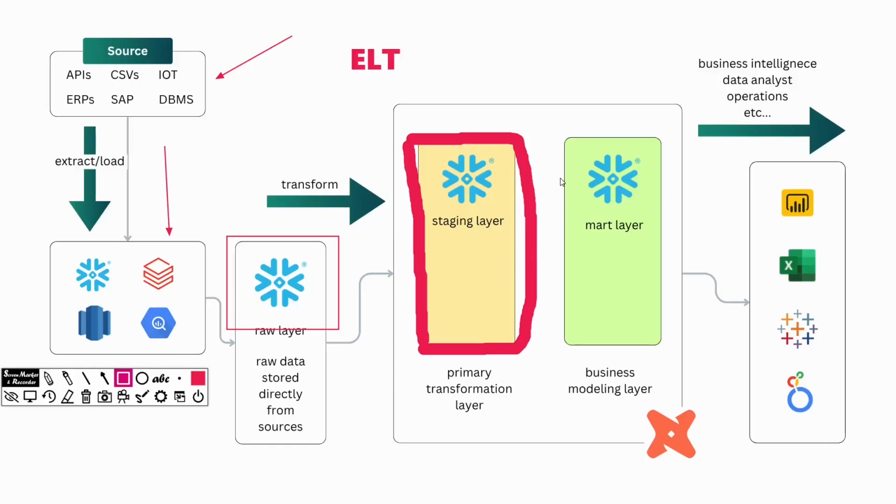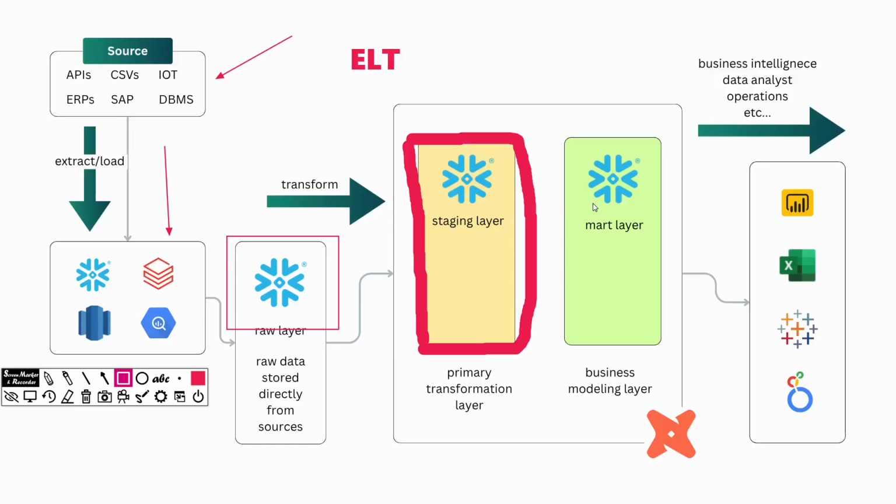So this is where we are doing more of transformation to make sure we are modeling business KPIs and metrics, ensuring that this single source of truth is picked up from various users at the end.